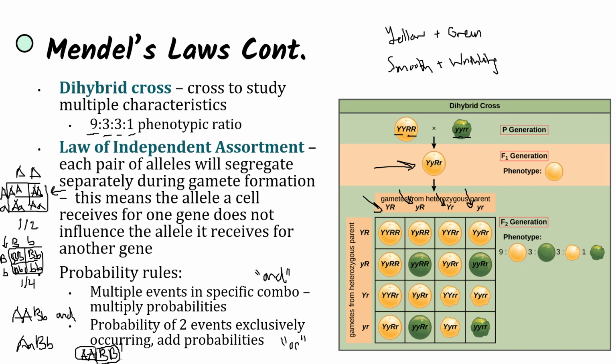And now, because we're trying to find the probability of not one or the other, but both combined within one organism, we have to do a little bit of simple multiplication, and 1/2 times 1/4 gets you a probability of 1/8 for that organism that is going to be homozygous dominant for both A and homozygous dominant for B.